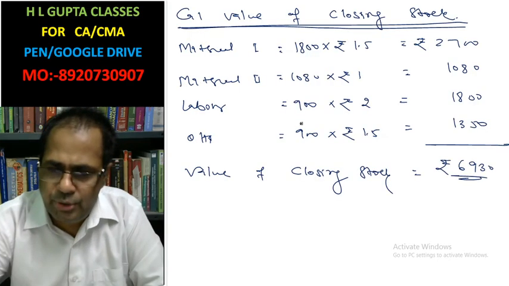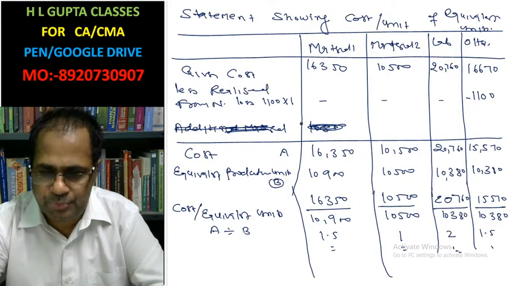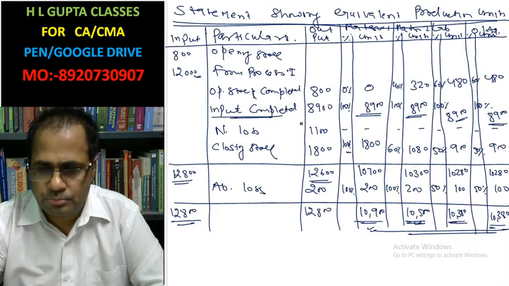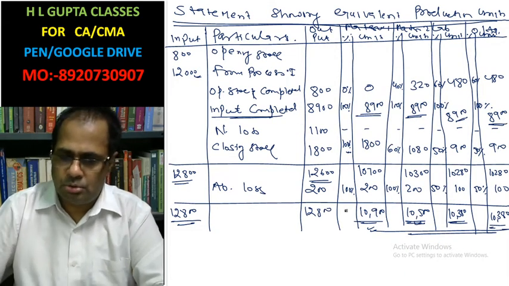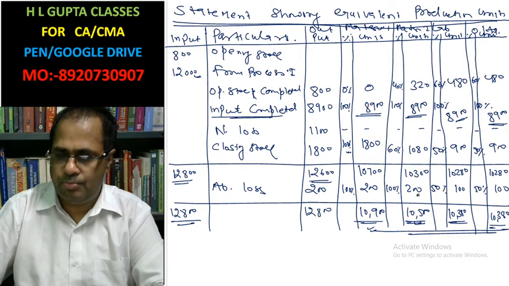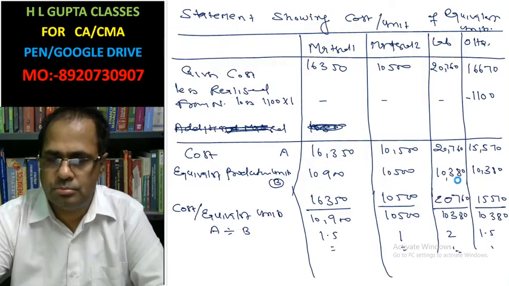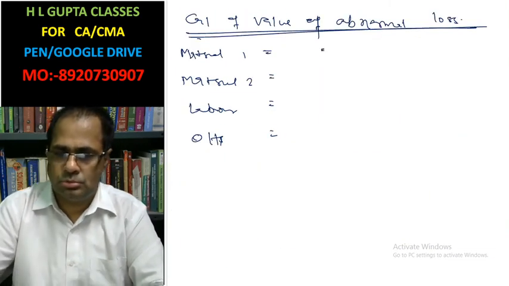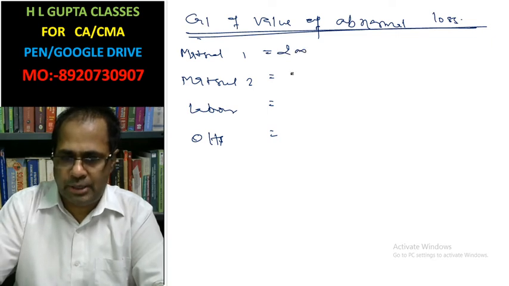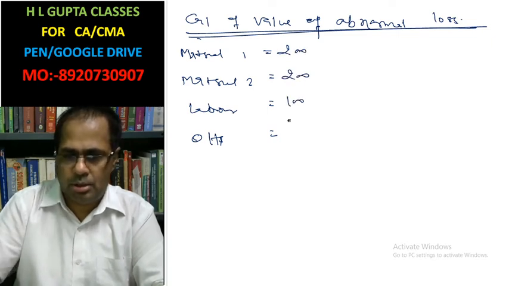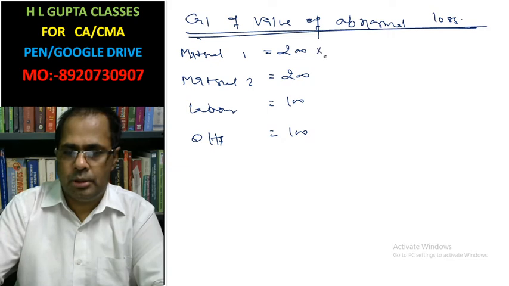What was the unit of abnormal loss? Look at it. 200, 200, 100, 100.